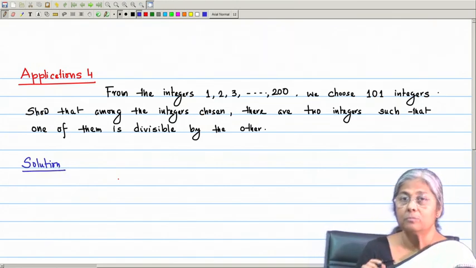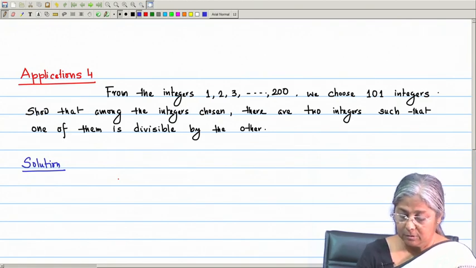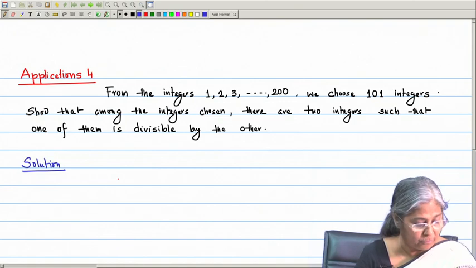Now, first we see one property of elementary number theory.